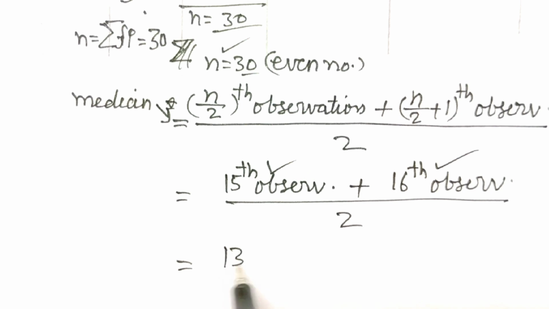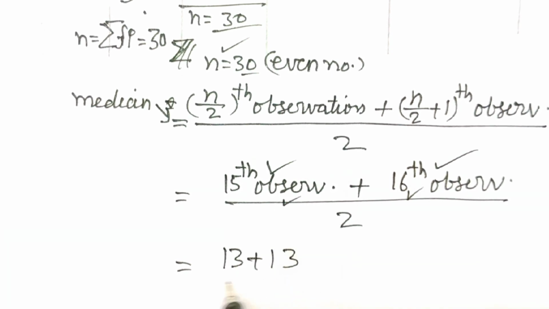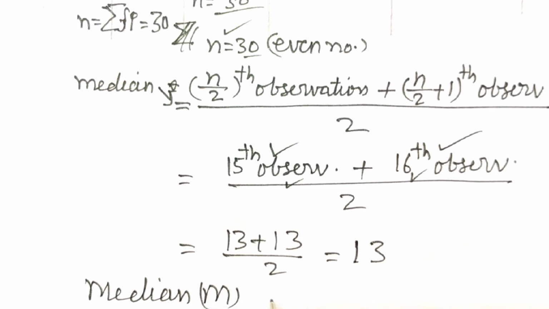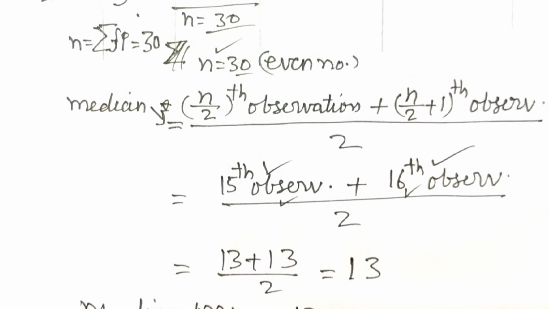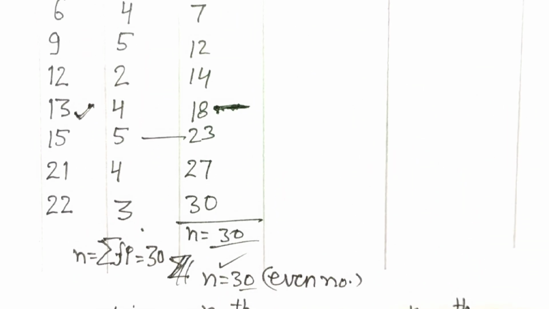So 13 plus this also 13, over 2, is equal to 13. So the median is 13. Now we will go to the next steps to find the mean deviation.